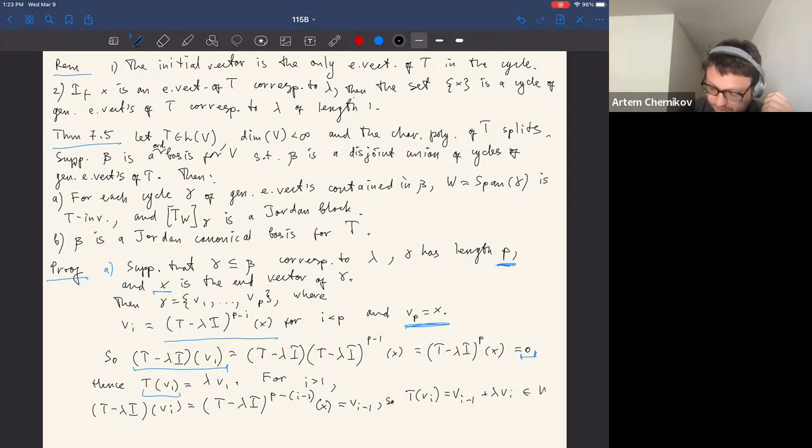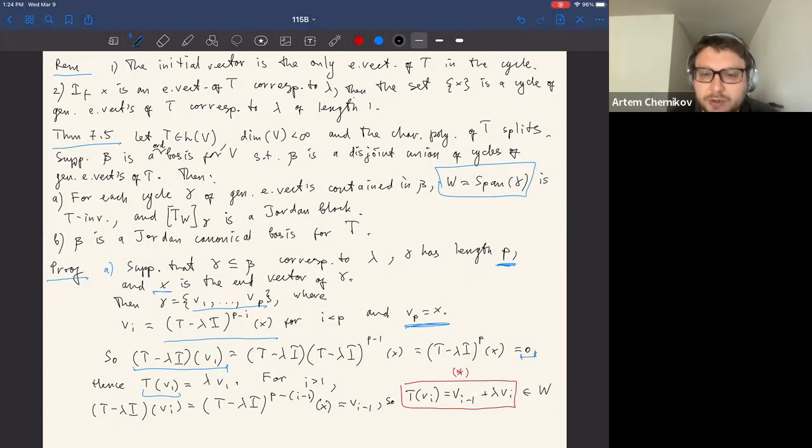And note that this is an element of W, because W is the span of gamma, and the vectors vi are all in gamma. So we get that T of vi is an element of W. And let's denote this equality by star.